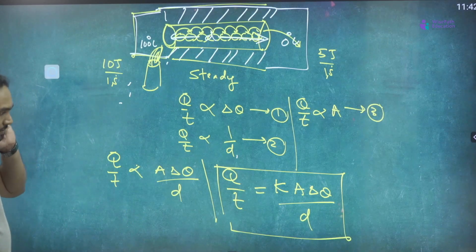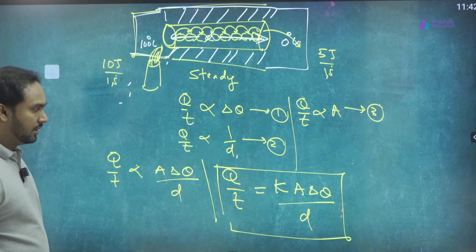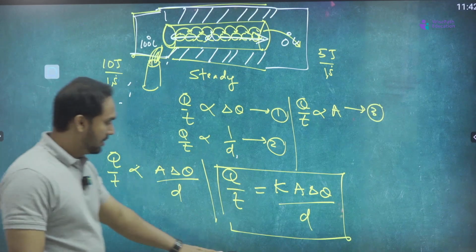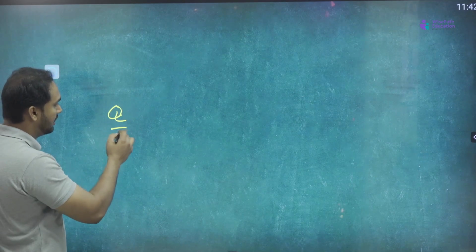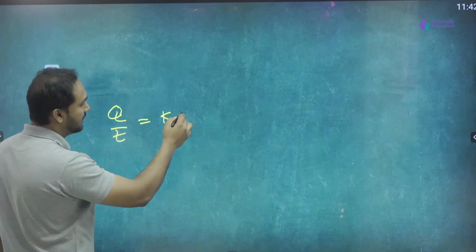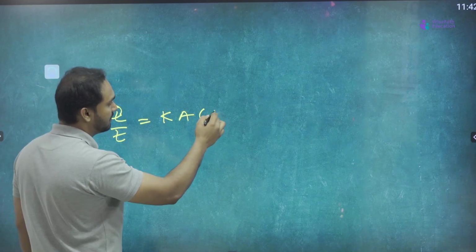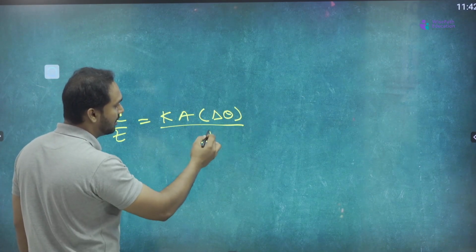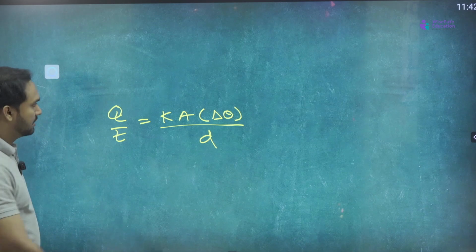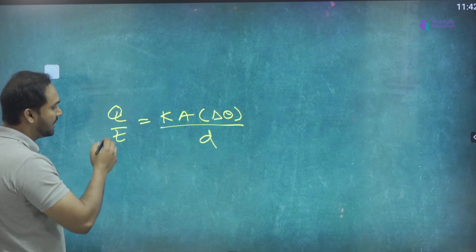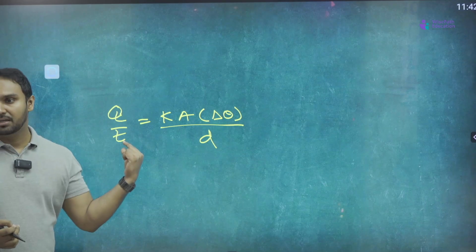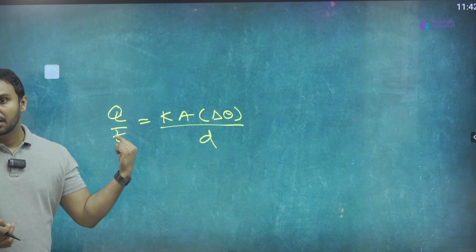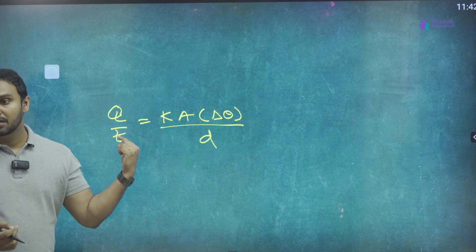So what is K here now? What do you understand by K here? To understand what K means, you have to isolate K, right? So Q over T equals K times A, the temperature difference delta theta, divided by D. So I'm going to isolate K here. Now Q over T is the power, isn't it? Because Q is the energy, T is the time. Energy divided by time is power, right?